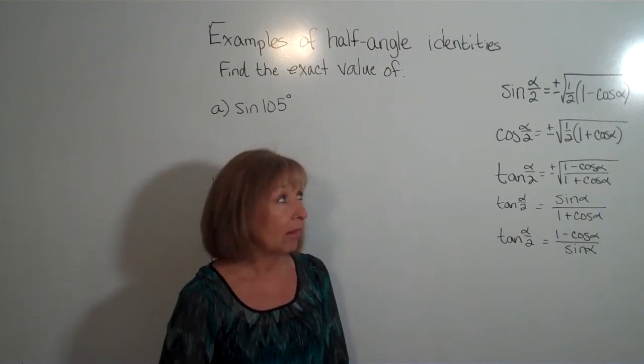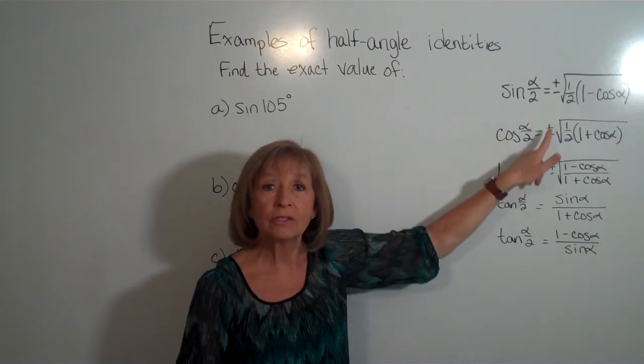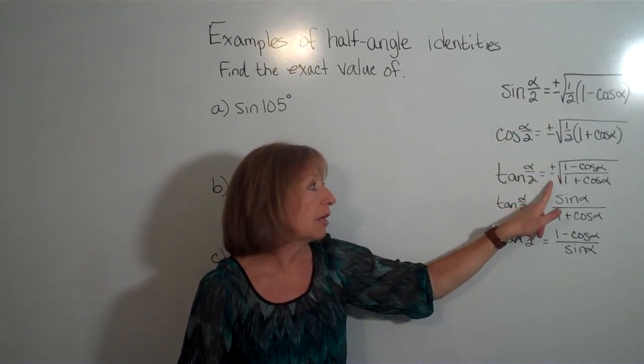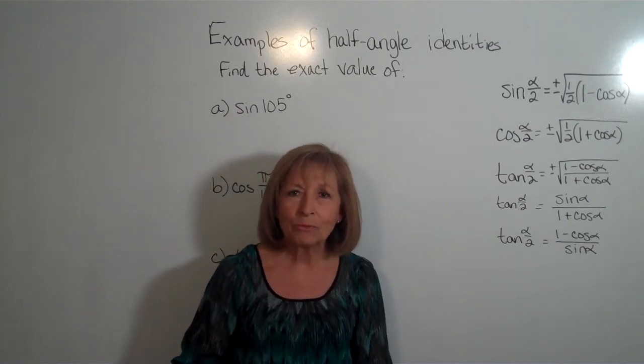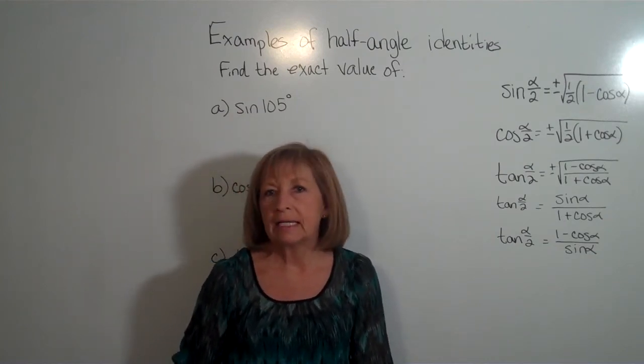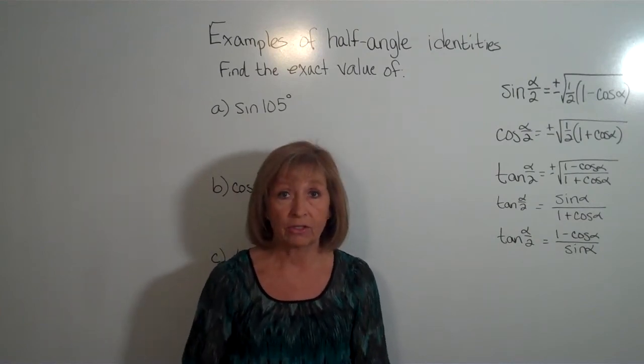Now also recall that we do have the plus or minus in front of the radicals when we have a radical definition of the half-angle identity. That plus or minus isn't like in an algebra setting where we said it would be either this answer or that answer.